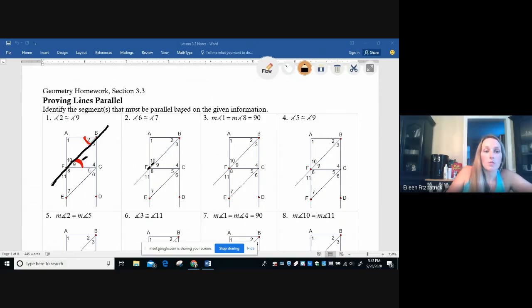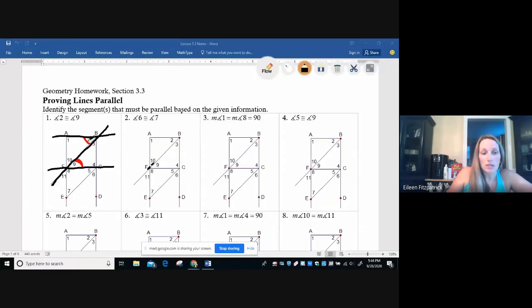All right. And then what other line makes up angle 2? It's this line here, AB. And then what other line makes up angle 9? This line here, FC. So now if you can just, I know sometimes it's hard, if your eyes can just focus on the highlighted black and the red, what kind of angles are 2 and 9? They're alternate interior.